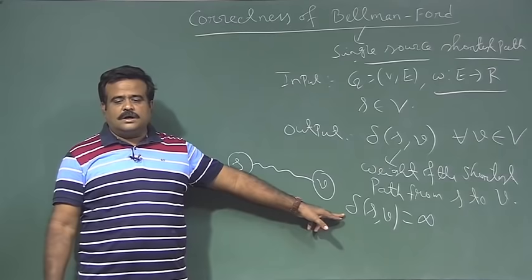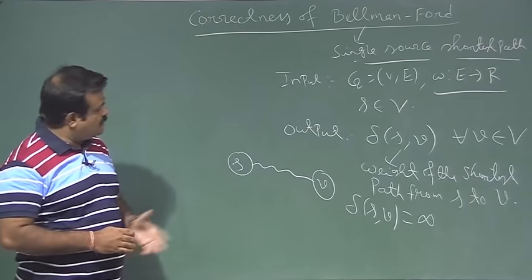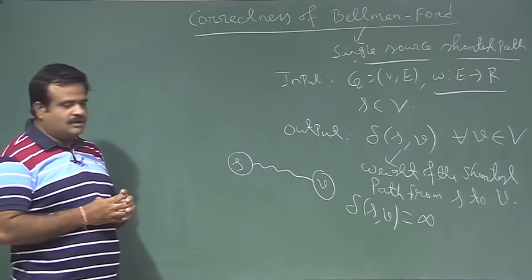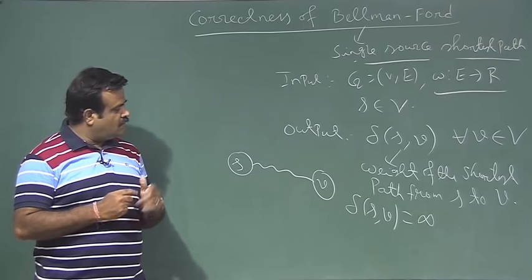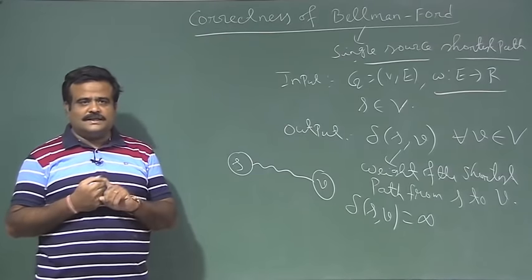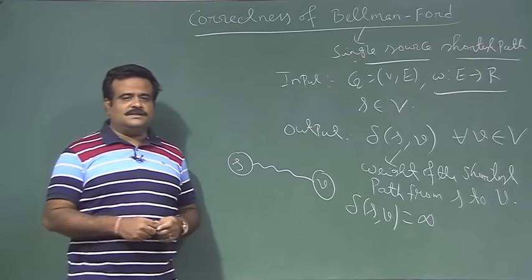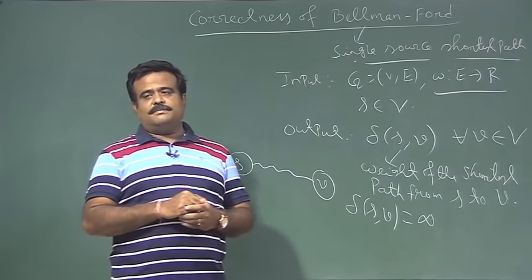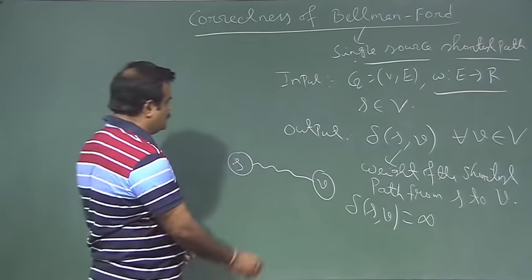So this is one of the conditions where the shortest path will not exist. One case is that there is no path, and another case is that although there is a path between S and V, there is a negative cycle in the path. Then there will be no shortest path. In that case, we denote it by this.